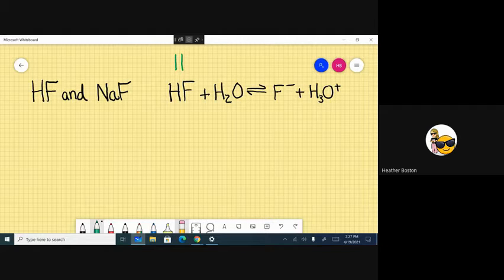If I add acid in the form of a strong acid, remember something like HCl, HNO3, those are strong acids, meaning they dissociate completely. Their anions are neutral. Therefore, they're just going to be spectator ions in solution. So when we add a strong acid, we're really just adding H+.